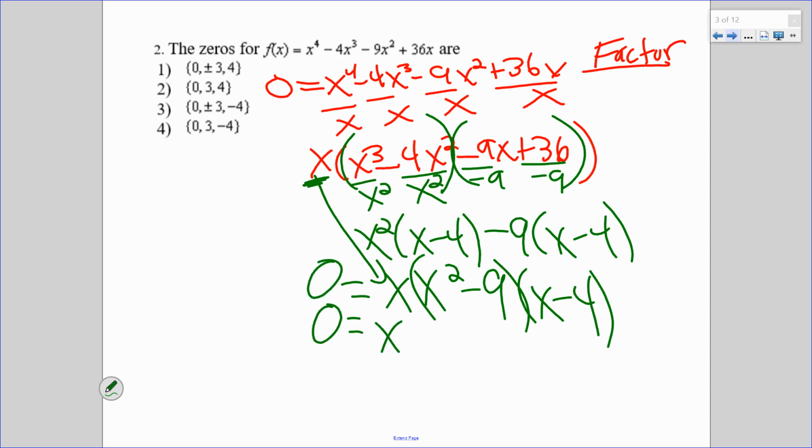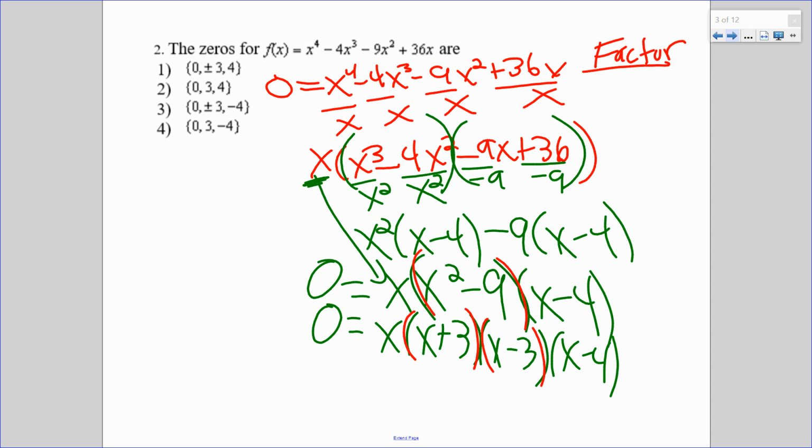Yep. Difference of 2 squares. X squared minus 9 becomes x plus 3, x minus 3. And now that I'm factored completely, I have 1, 2, 3, 4 factors, which I should, because it should match the degree of the polynomial.